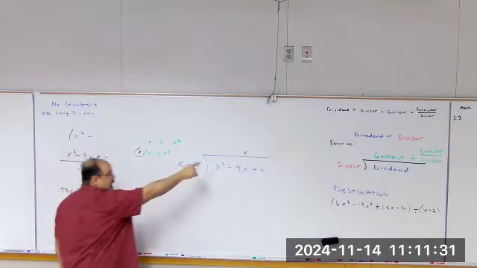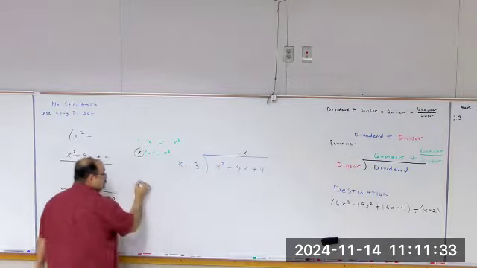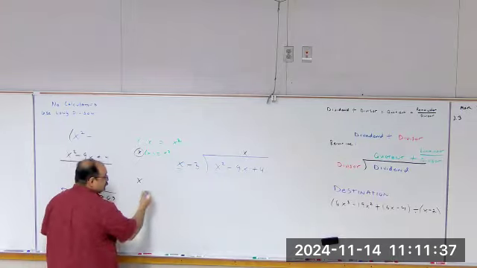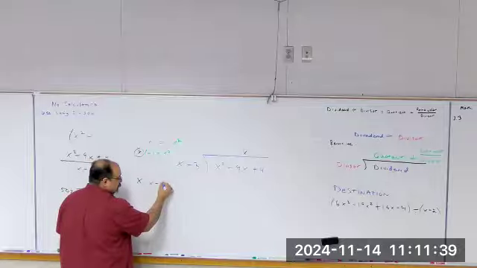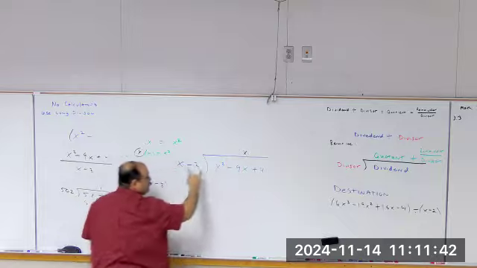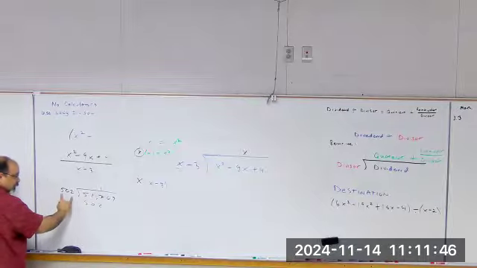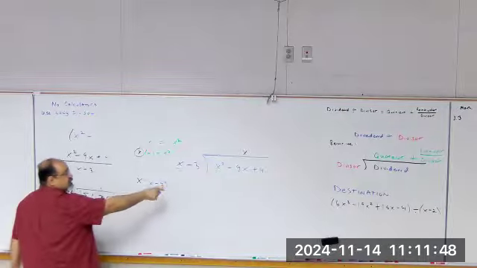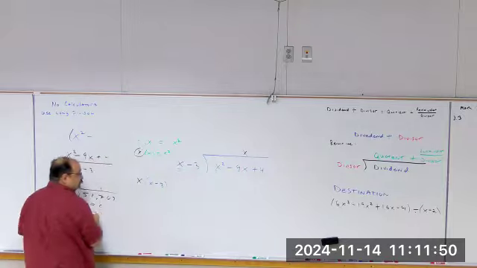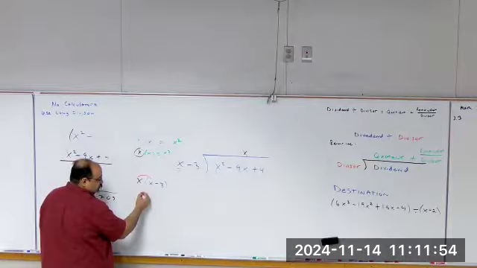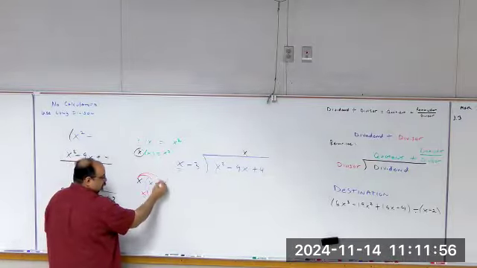So now you take that x and you're going to multiply times the divisor. You take this and multiply here. We took the 1 and we multiplied here. So now, since the divisor is 2 terms, you distribute. And we get x squared minus 3x.